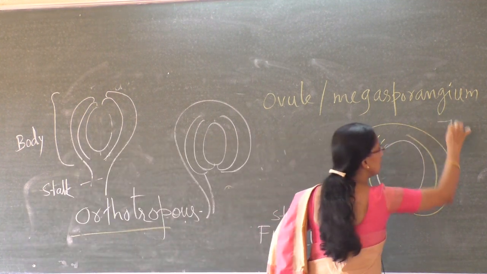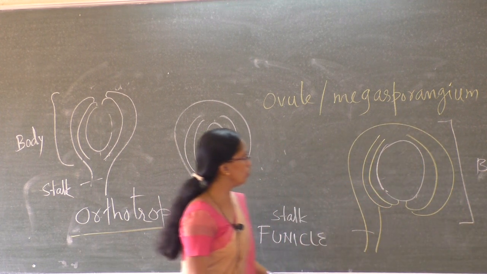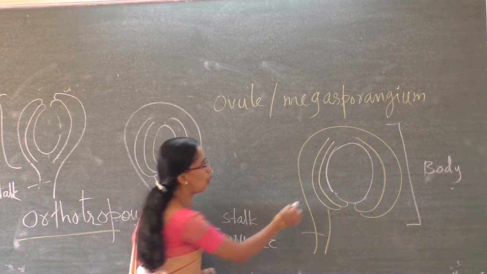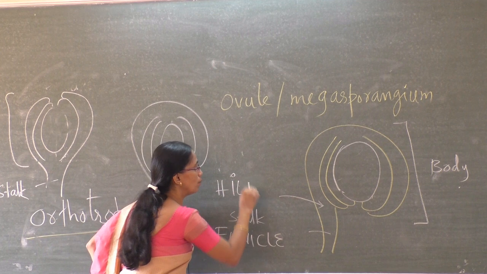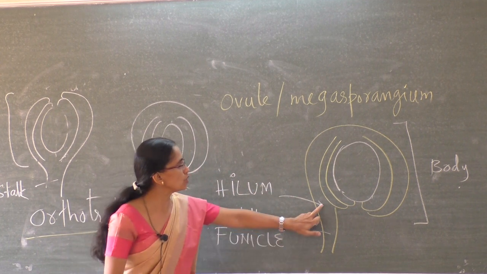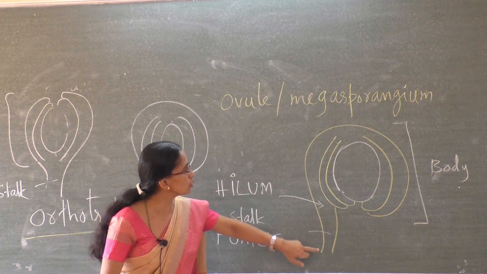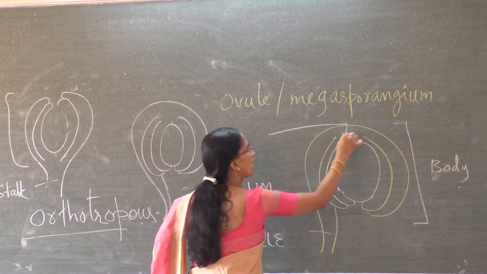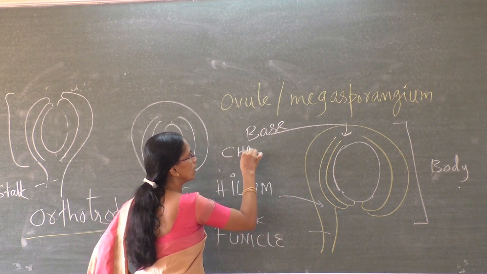This much part is the body of the ovule. The stalk attaches to the body at a point known as hilum. The junction between the stalk and the body is hilum. This part is the base of the ovule, which is known as chalaza.